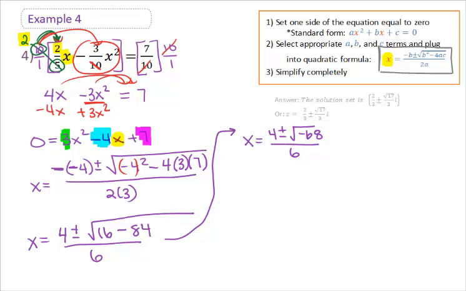So now I need to do a good pi and a bad pi with my 68. So if I divide that by the largest square, which is just 4, and 4 times 17 does give me 68.